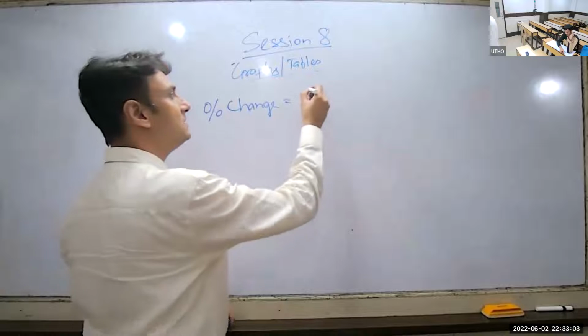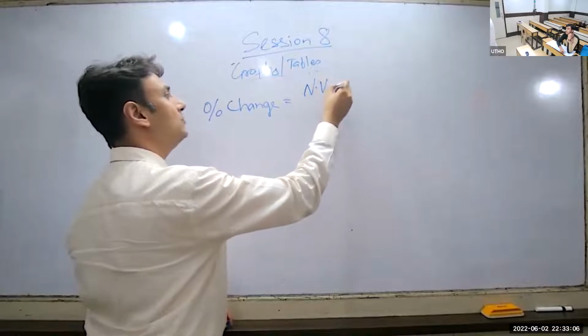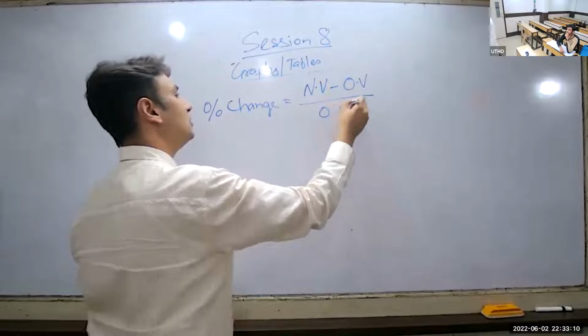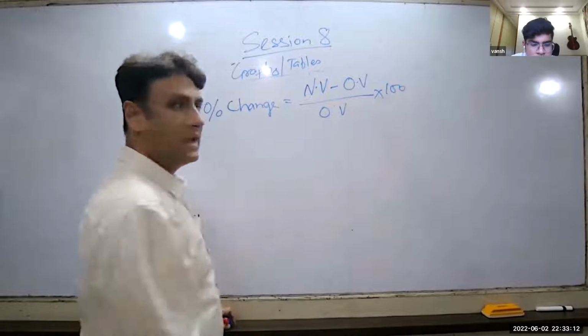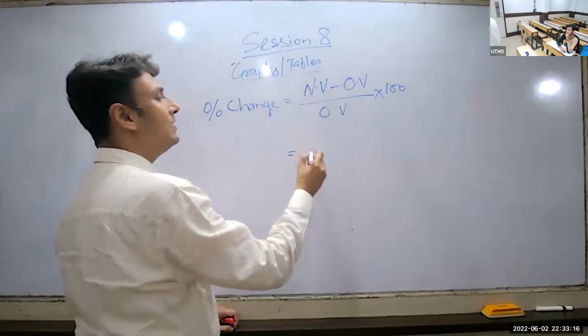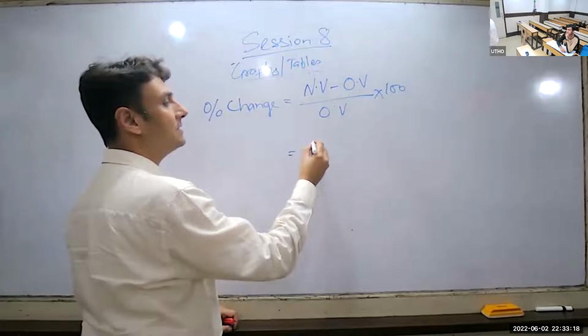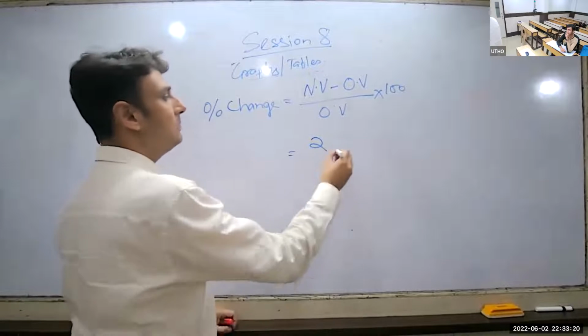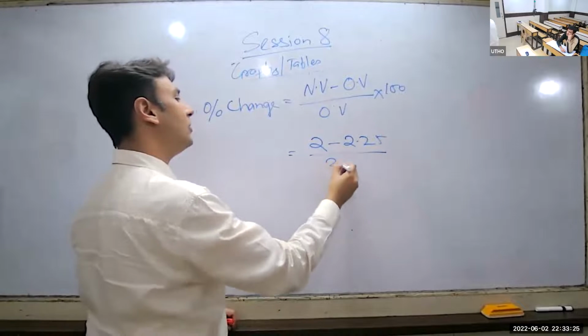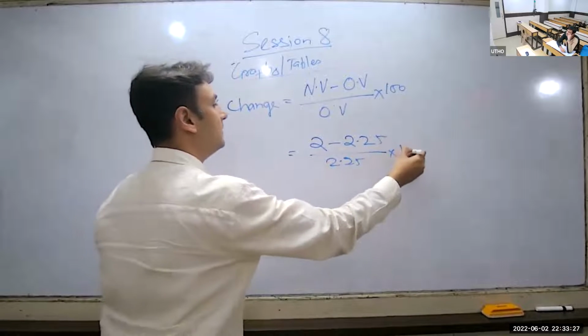Percentage change means new value minus the old value upon old value into 100. In this case, new value means the value of 2010, which is 2, minus the value of 2000, 2.25, upon 2.25 into 100.